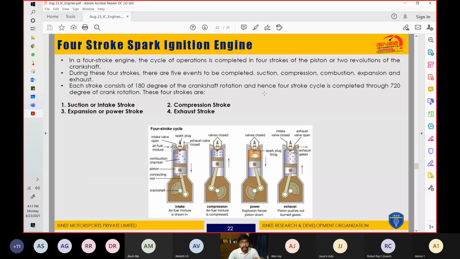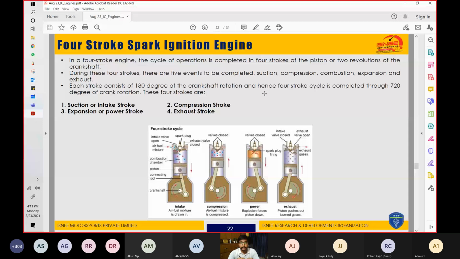in any engine, there are 5 processes that are needed to be completed in order to produce power. That will be suction, and then compression, and then ignition, and power, and exhaust.